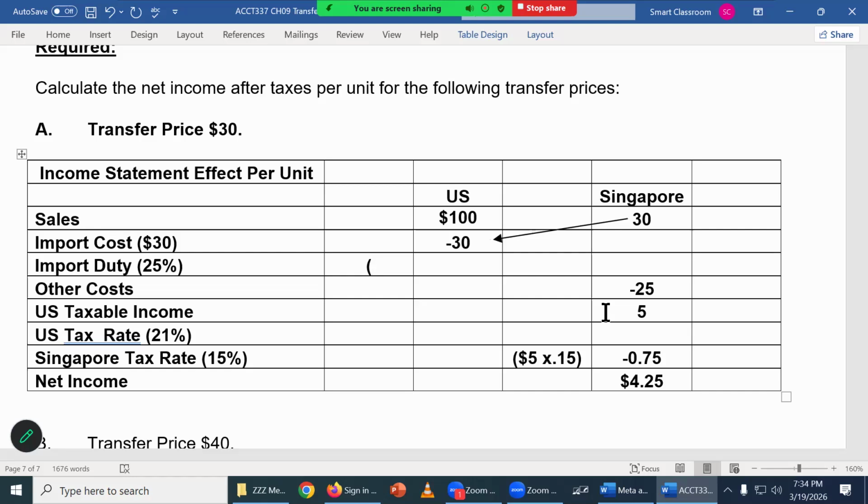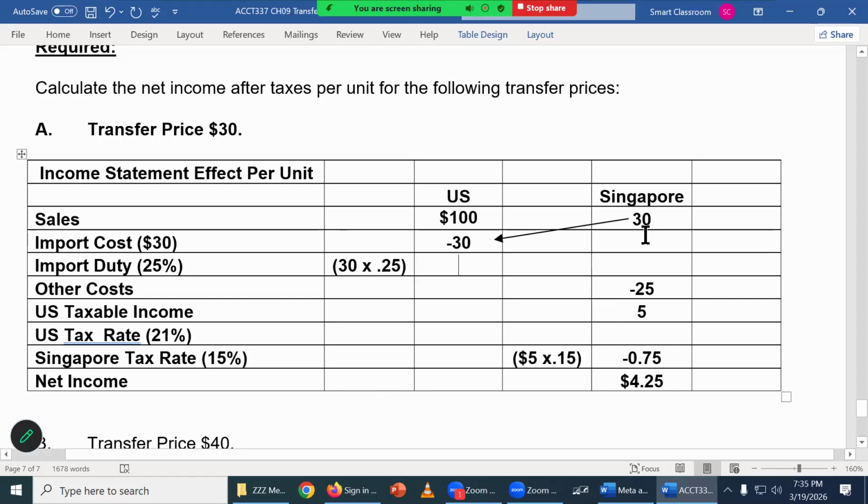So we're going to pay $30 times 25%, it's 7.50. Positive or negative?